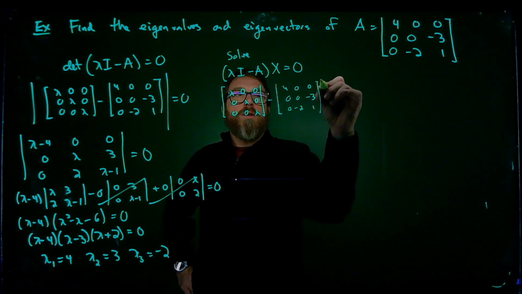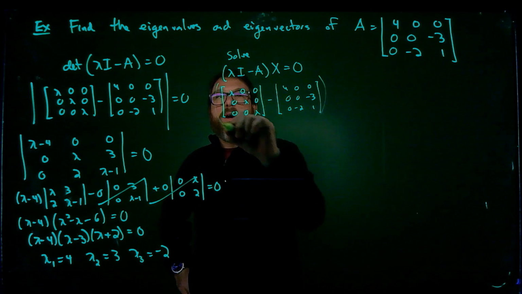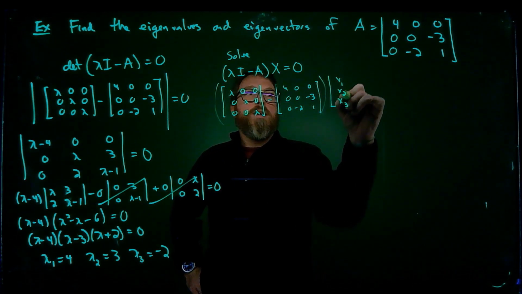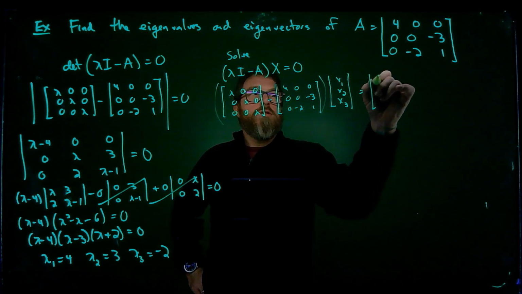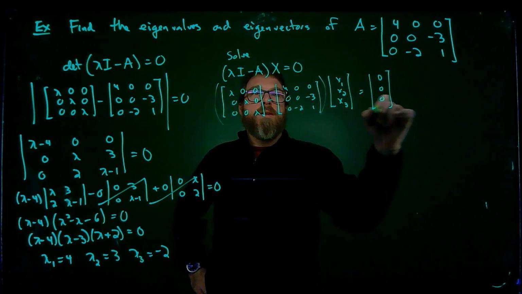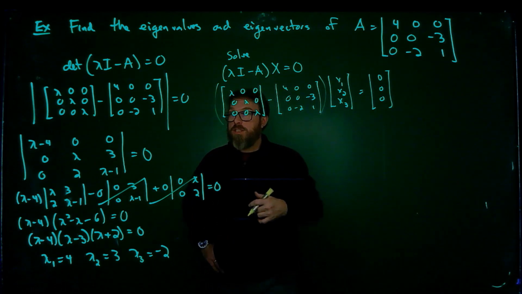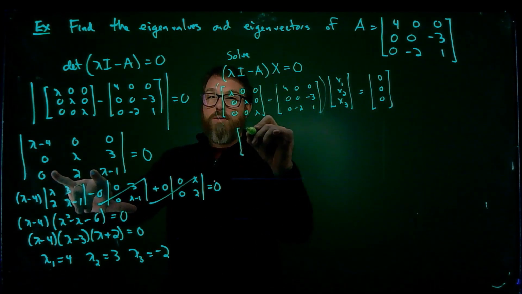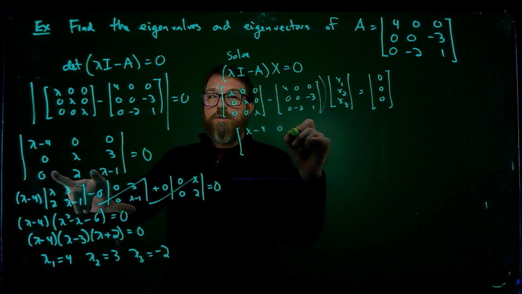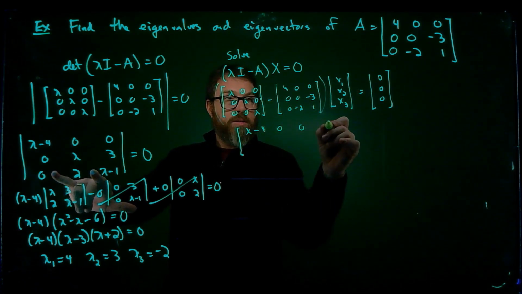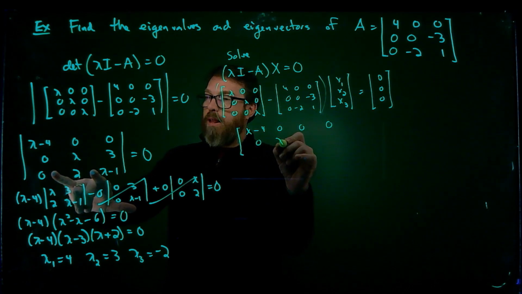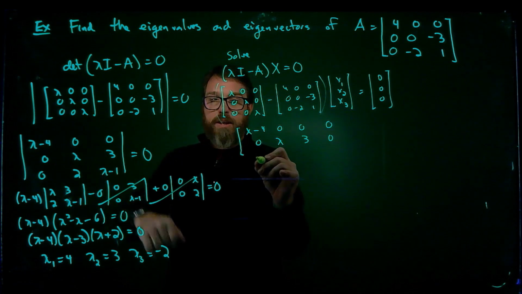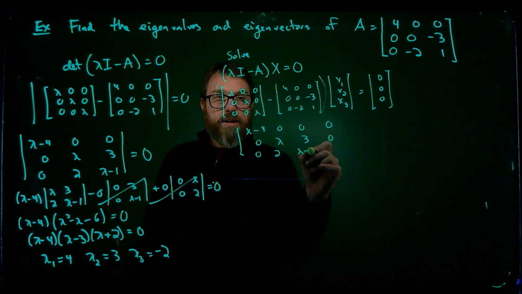And we're going to multiply this entire thing by x, but in this case, x is x1, x2, x3, and then we're going to set this equal to 0, 0, 0. So simplifying this, just getting that augmented matrix, we have this joined with that 0, 0, 0. So lambda minus 4, 0, 0, and then this is 0. And then 0, lambda, 3 with this 0. And then finally 0, 2, lambda minus 1 with this 0.